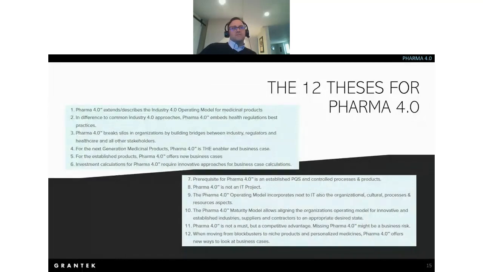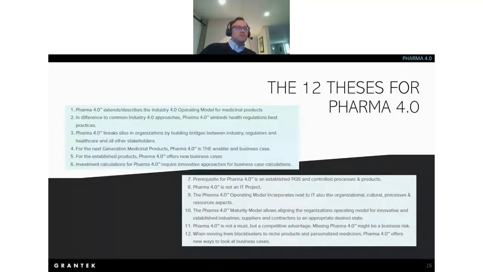The prerequisite for Pharma 4.0 is an established pharmaceutical quality system and controlled processes and products. Pharma 4.0 is not an IT project. The operating model also includes organizational, cultural, process, and resource aspects.